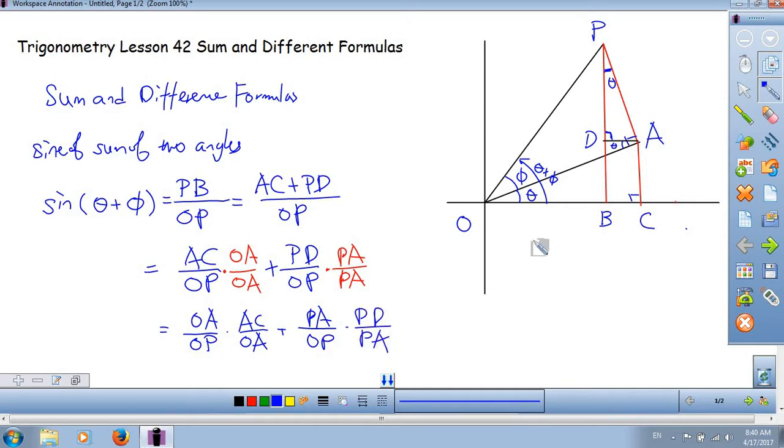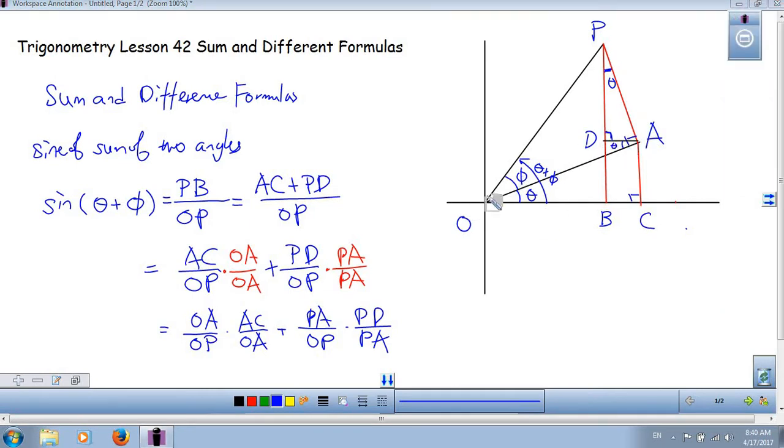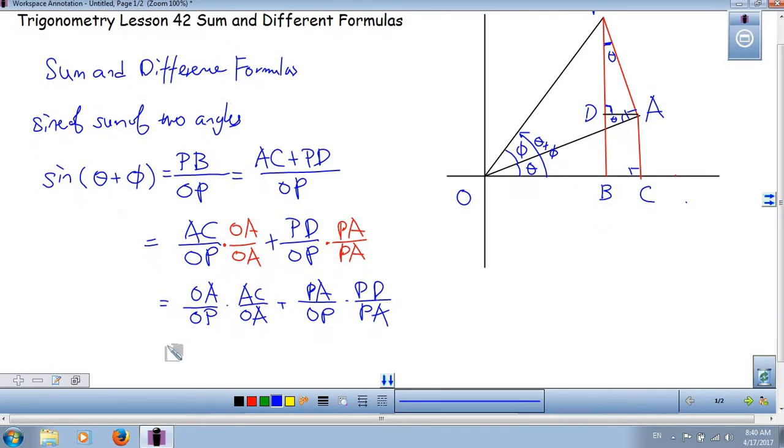Let's take a look at what OA over OP is now. OA is this side, which is the adjacent side of phi. OP is the hypotenuse of phi. So OA over OP is actually cosine of phi. AC over OA is definitely sine of theta, because AC is the opposite side of theta and OA is the hypotenuse of theta.